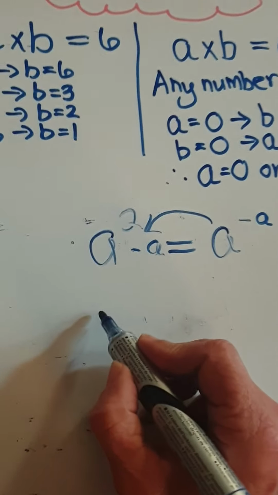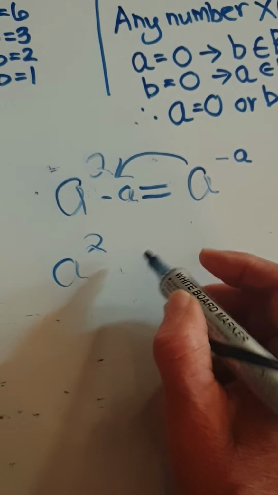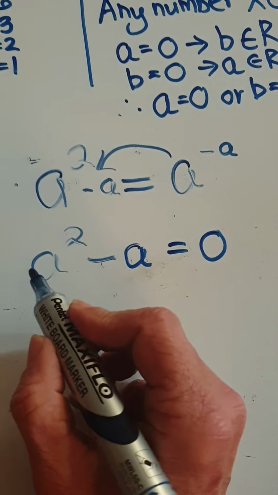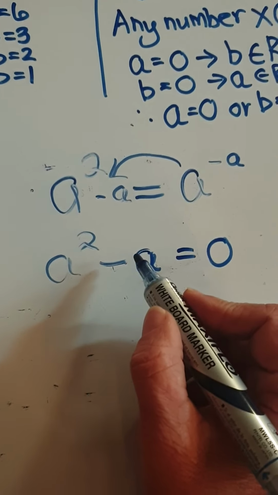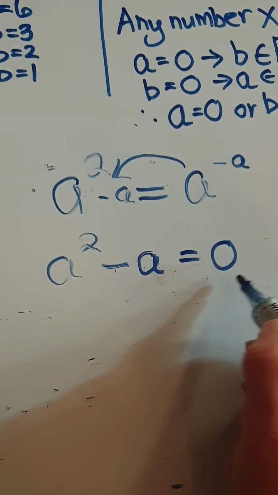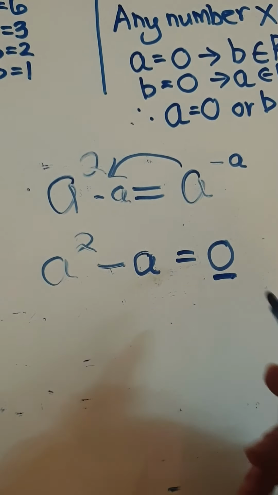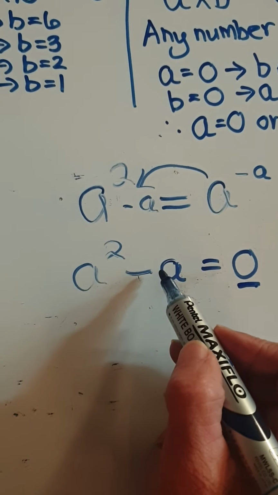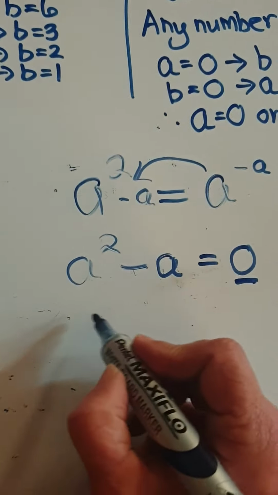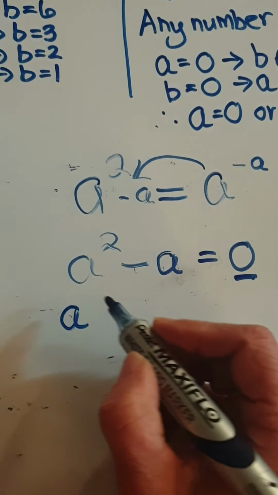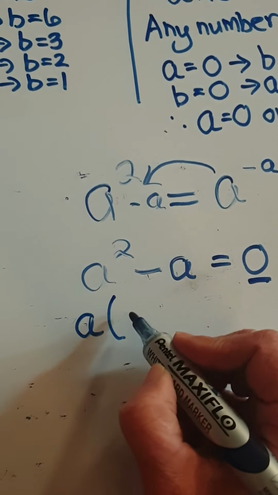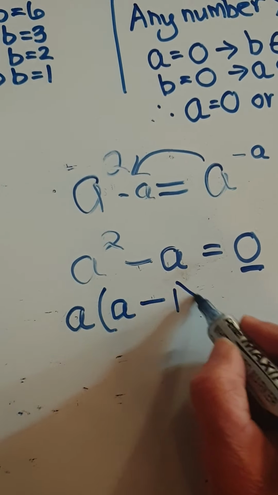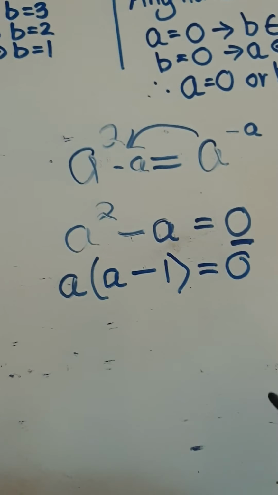And I'm going to get a squared minus a equals 0, which now gives me 2 terms on the left-hand side and 0 on the other side. I want 0 on the other side because then it's easy. And I can factorize this. I have a highest common factor, so I can take a out, and I divide a squared by a, and I get a, minus a divided by a is 1, and I get 0.